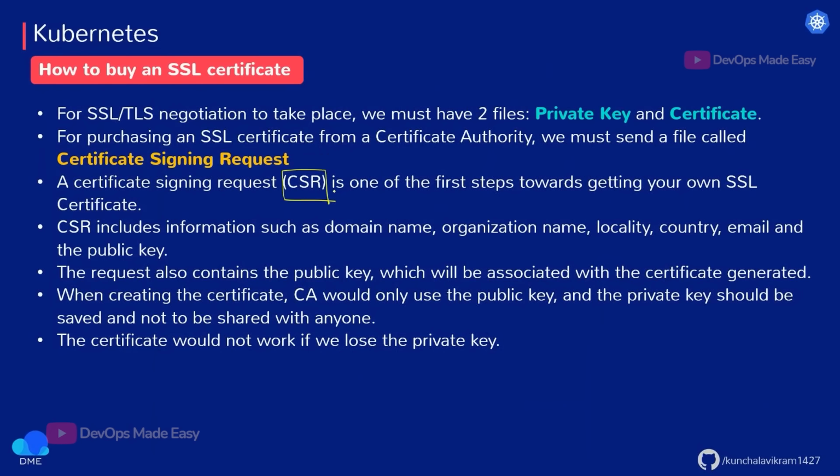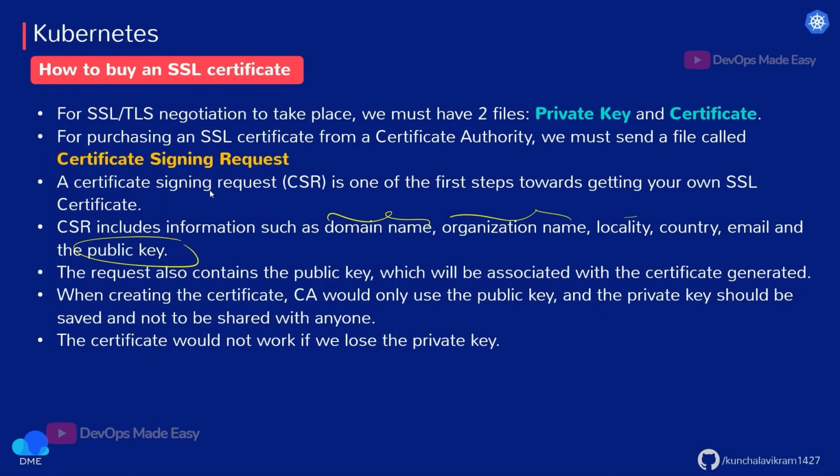Now the CA will read it. First it will authenticate you. That means it will also check whether the domain is actually owned by you or not. Then it will check for some other information, and only then will it give you a certificate. We'll see the contents of a CSR in a bit, but the commonly included information is the domain for which you want to get the certificate, your organization name, country, locality, email, and obviously the public key.